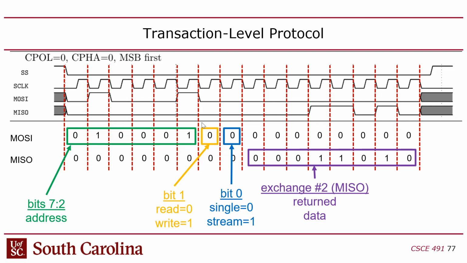If stream is 1, that means I want the data part of the transaction to be multiple bytes, not just 1 byte. However, there's an additional thing we throw in here: if the stream is 1, the next byte, the next exchange, is the master telling the slave how many bytes are part of the stream.